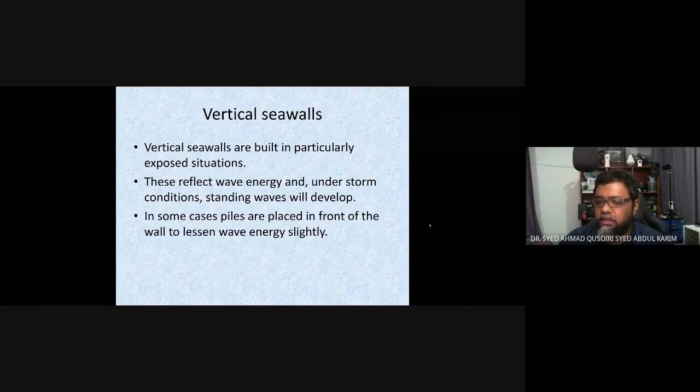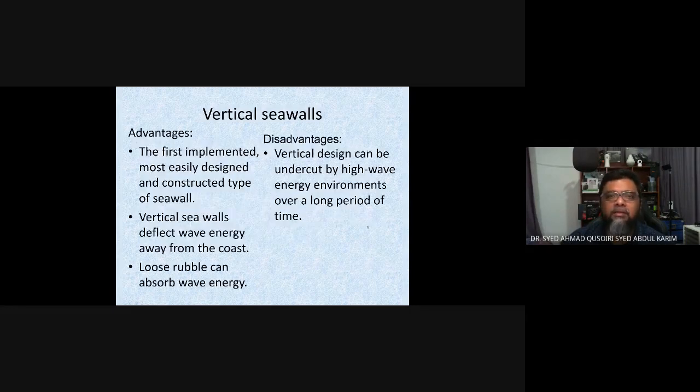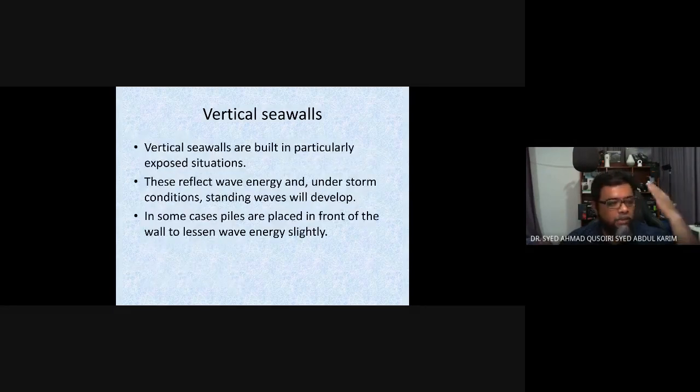In some cases, parts are placed in front of the wall to lessen the wave energy. So sometimes the energy that hits the wall can be quite severe. So they put something in front of the vertical wall to break up the waves into smaller waves.